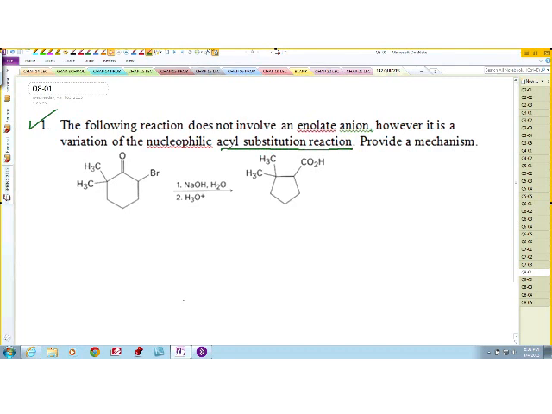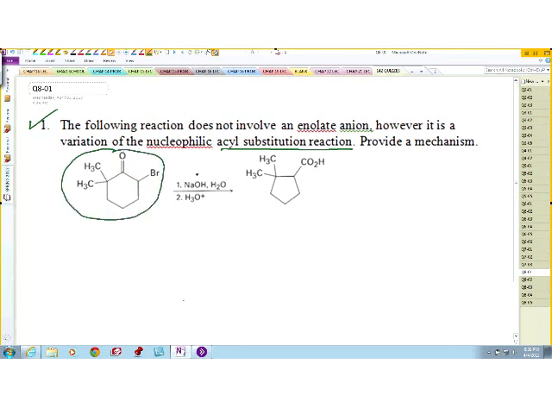Okay, so what they are testing here is your knowledge of reaction mechanism, particularly in regard to the chemistry of carbonyl compounds. So what do we have here? We have an alpha-bromocyclic ketone, this molecule here.